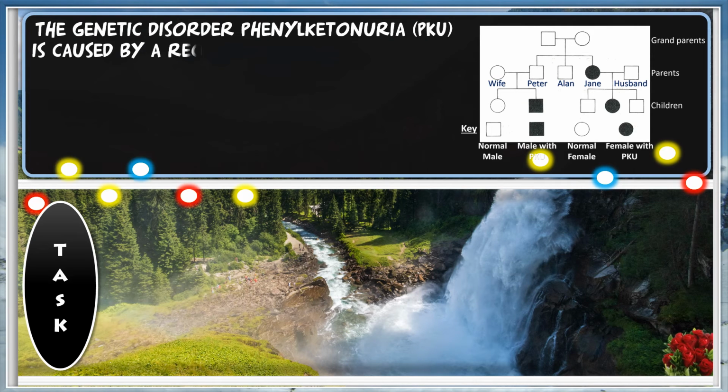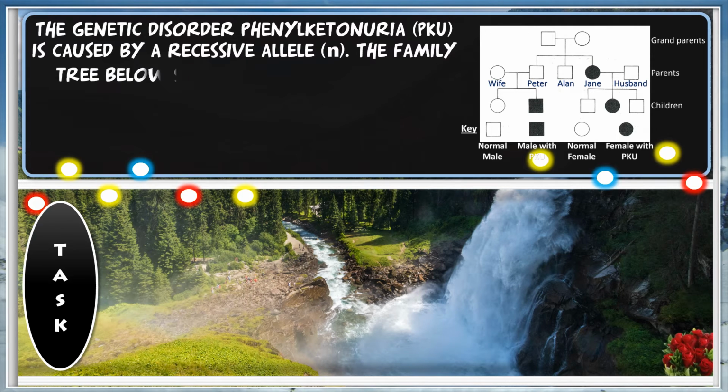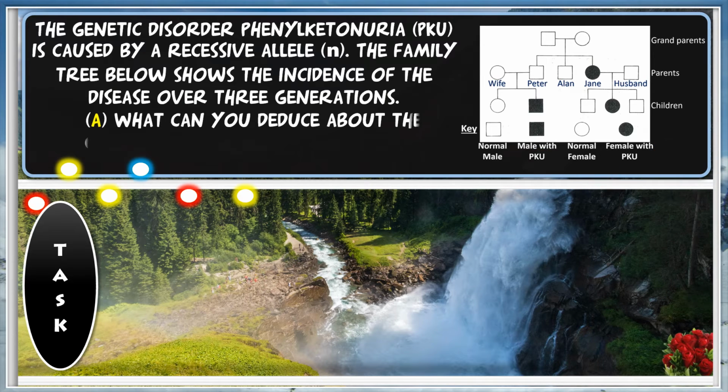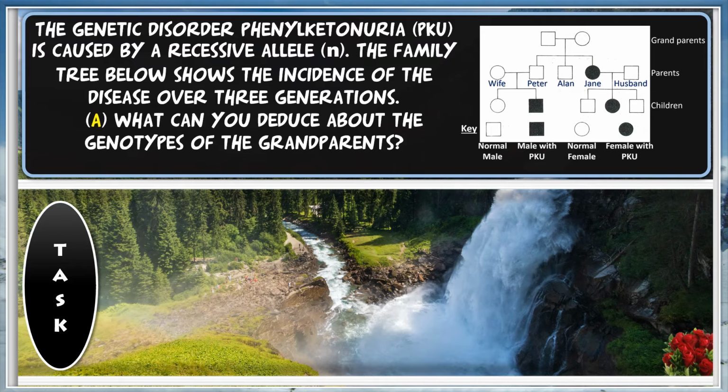The genetic disorder phenylketonuria, PKU, is caused by a recessive allele, small n. The family tree below shows the incidence of the disease over 3 generations.